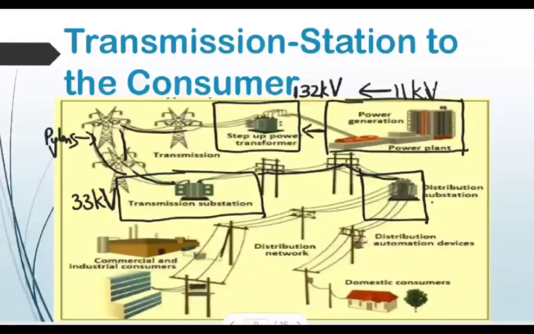But when they transform it, it is reduced and sent, and here only 11 kilovolts of electricity. From 33 kilovolts, electricity is further reduced to 11 kilovolts, where from the distribution substation, as the name suggests, electricity goes to commercial units and to domestic units.